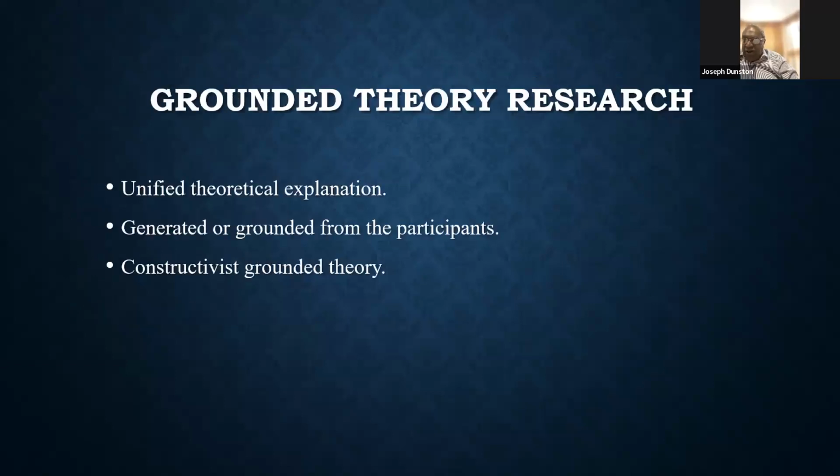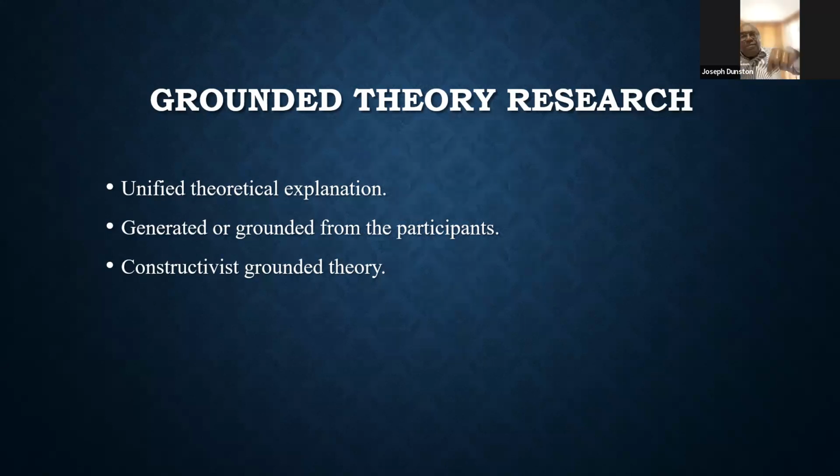What is grounded theory? Grounded theory moves beyond the description and generates or discovers a theory. It is grounded. The theory is there. It develops theory inductively, from the general to the specific, right? And then it gives a unified theoretical explanation.